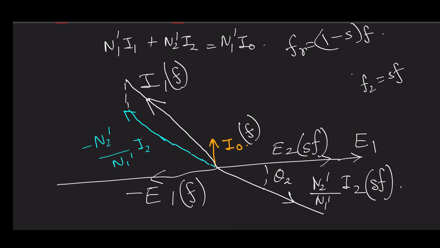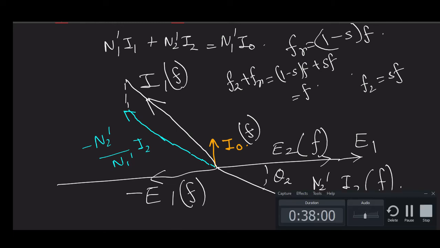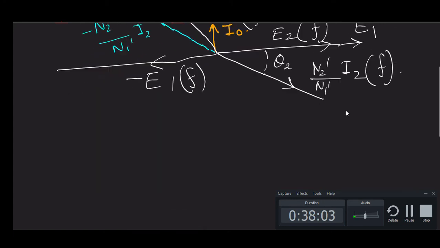So with respect to a standstill frame, it will be F2 plus Fr, which is equal to (1 minus S)f plus Sf, which is equal to F. So while we are drawing the phasor, we are drawing it with respect to a stationary frame. Both of them have the same frequency with respect to a stationary frame, and that is what allows us to draw the phasor diagram in a single diagram.